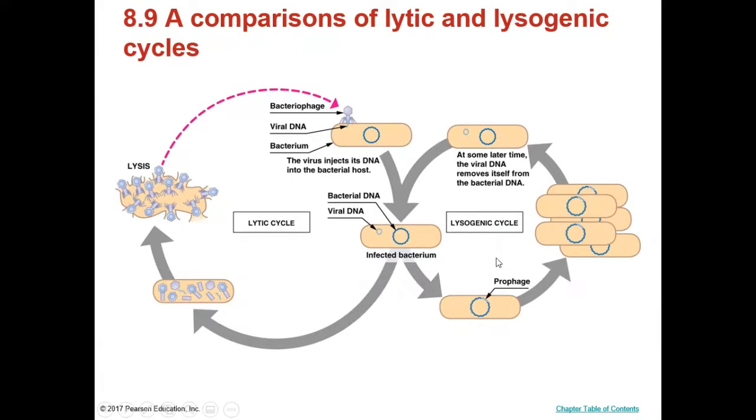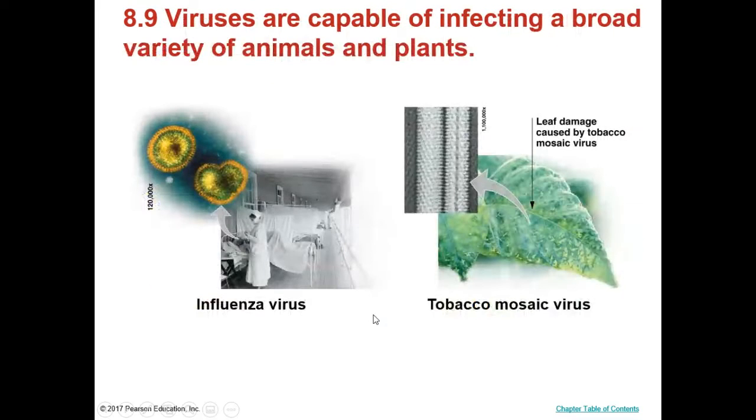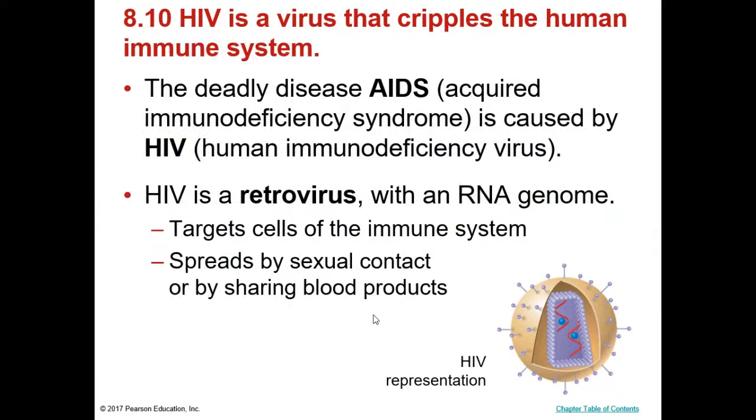Now lysogenic is more of embedding DNA into the host cell's DNA, and at some later point in time, the virus can become lytic, cause disease and make many copies of itself, but after months or years of infection. Like HIV, for example. Most of the time, I'm not saying every single patient, right?